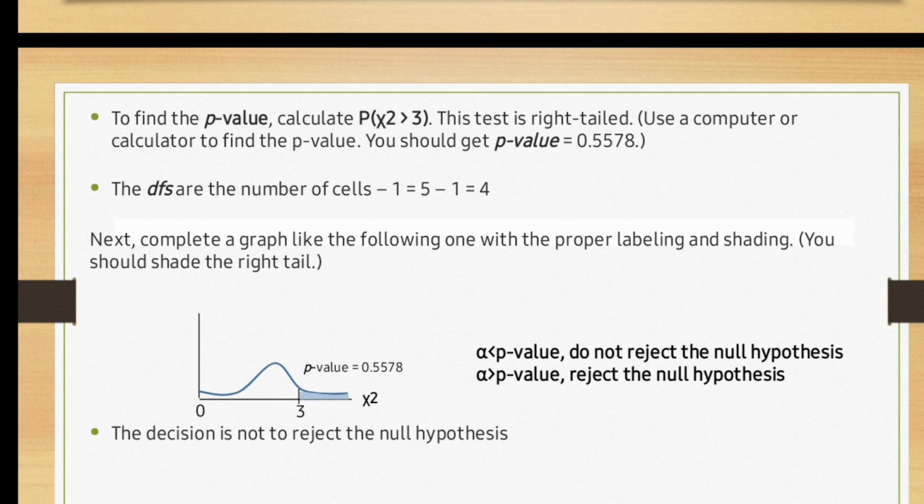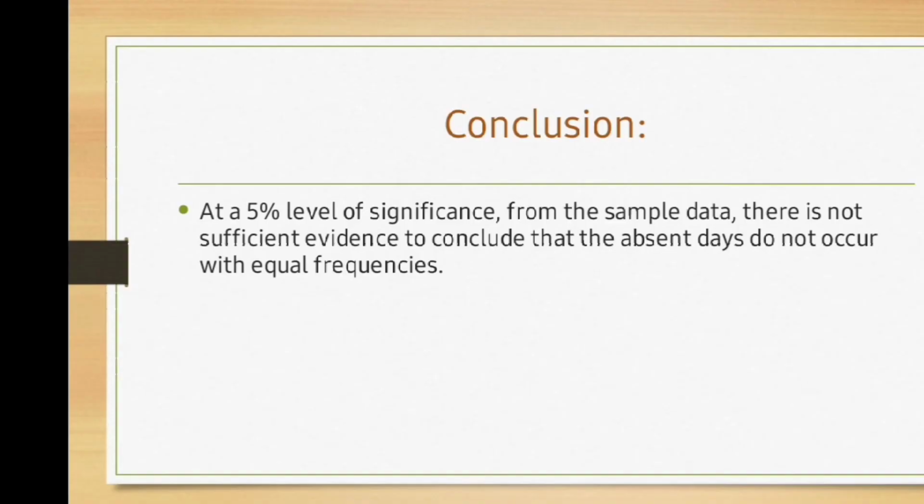For this problem, our level of significance is 0.05 and our p-value here is 0.5578. Therefore, we should not reject the null hypothesis. For our conclusion, at a 5% level of significance from the sample data, there is not sufficient evidence to conclude that the absent days do not occur with equal frequencies.